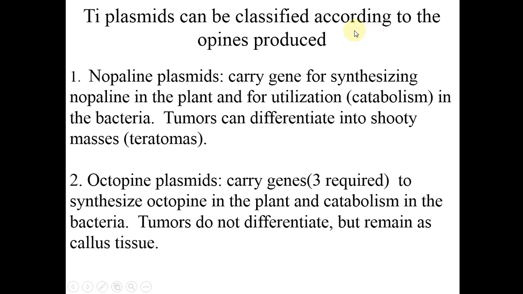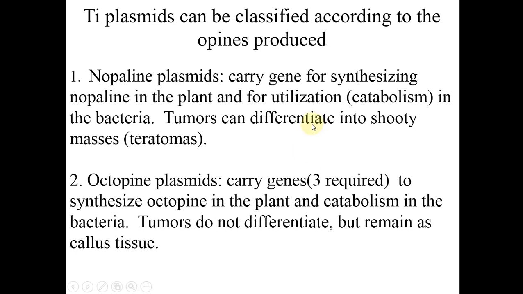The Ti plasmids can be classified on the basis of opines produced. One is octopine and another one is nopaline. Octopine and nopaline are two types of opines, unusual amino acids. Nopaline plasmids carry genes for synthesizing nopaline in the plant and for utilization in bacteria.